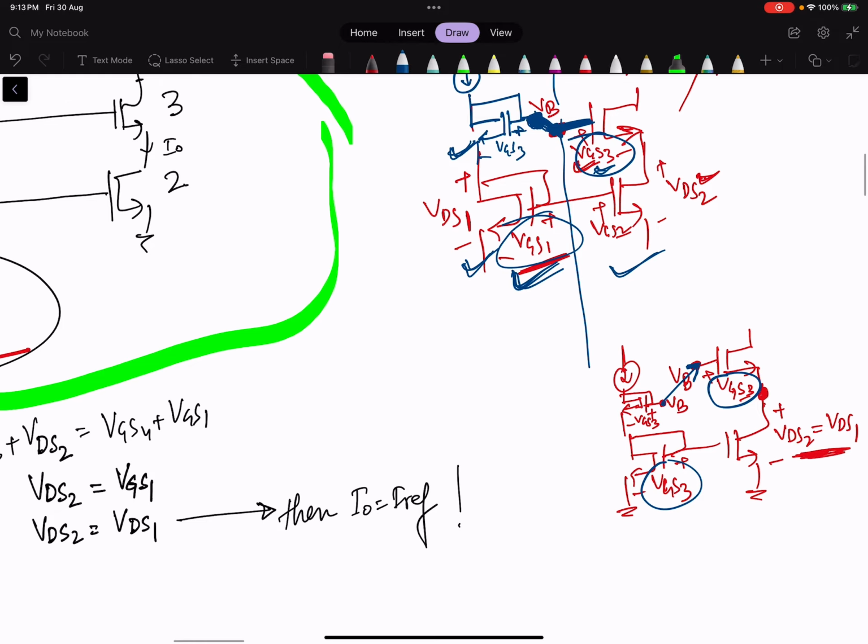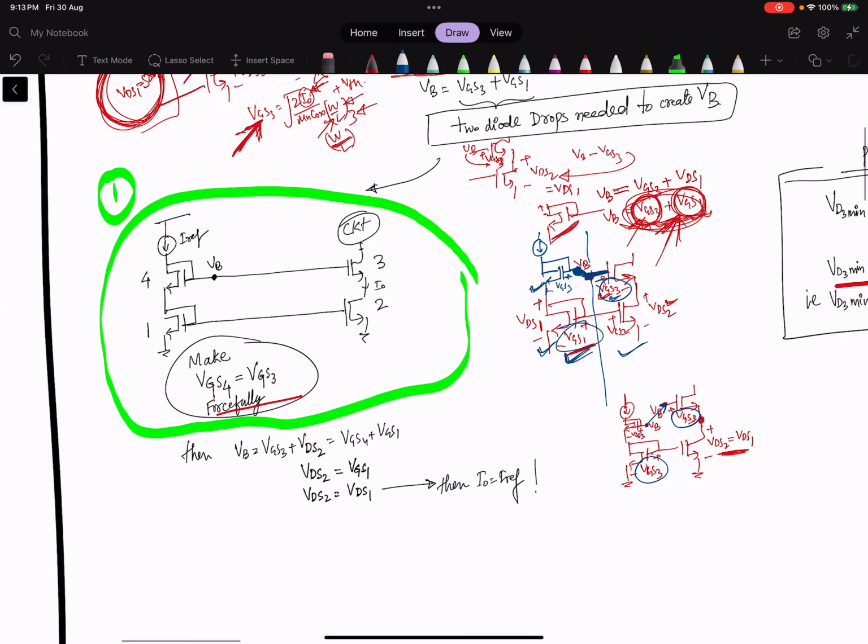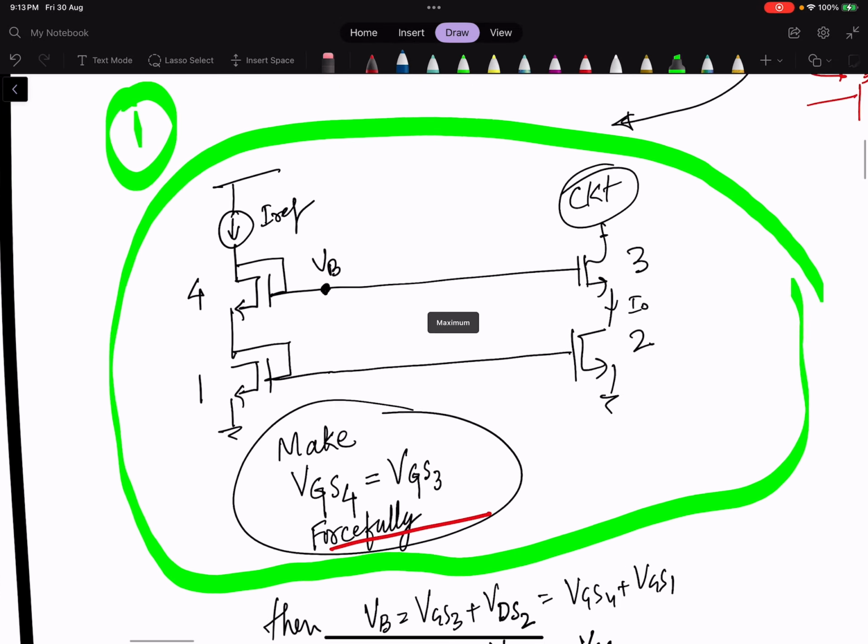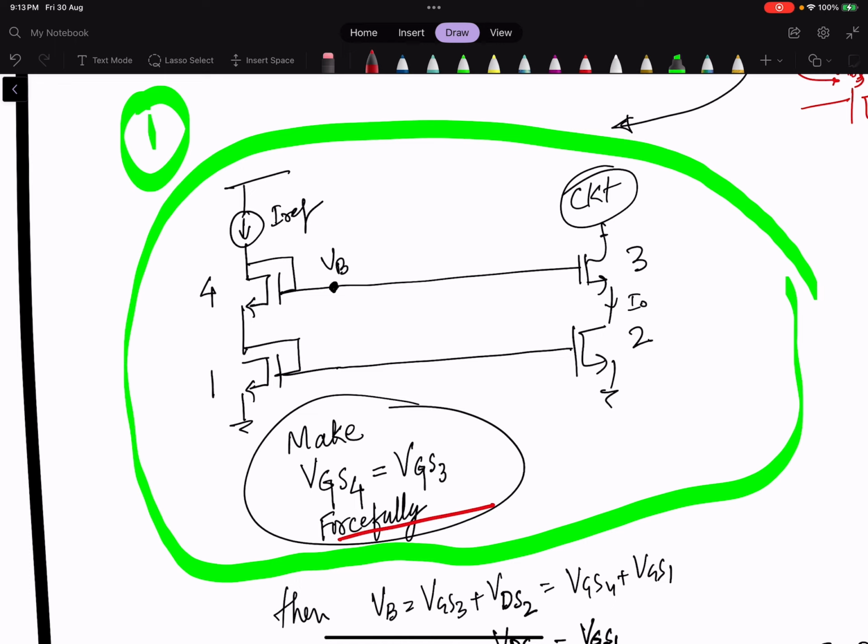So final circuit, how will it look? This will look like here I mentioned. So if you see from the left side, this is VGS1, this is VGS3. We will make this VGS4 equal to VGS3, then only it will work.